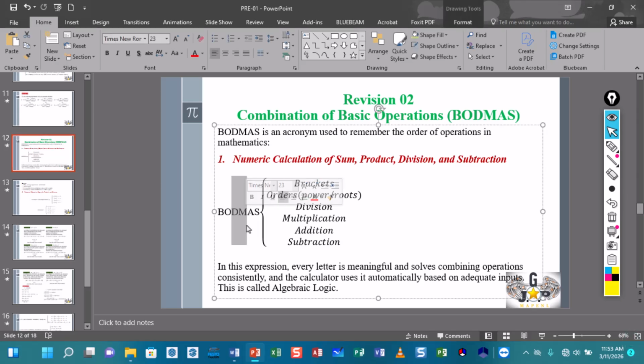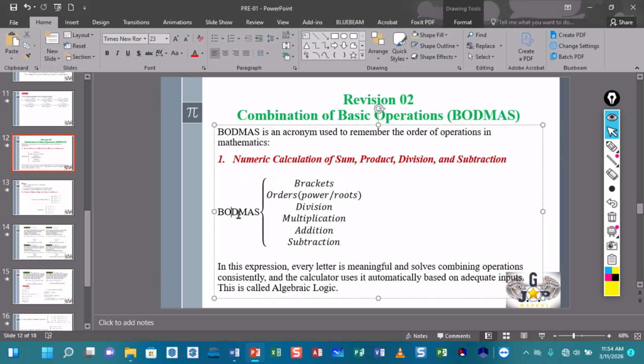Let's talk about the addition and subtraction, the A and the S. The A comes before the S, meaning the A is greater than the S. In whatever operation that was given to me, if it contains an addition and a subtraction, I need to start with the addition. I need to add the numbers and subtract them later on.